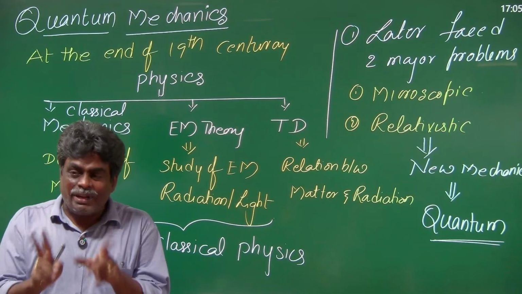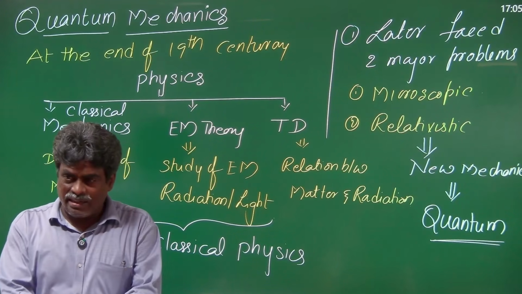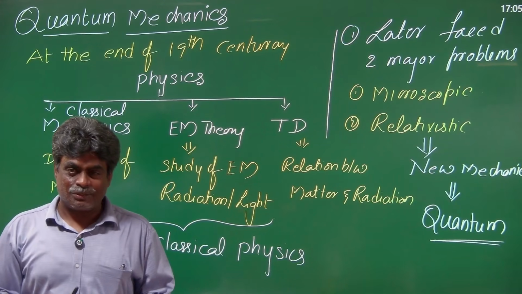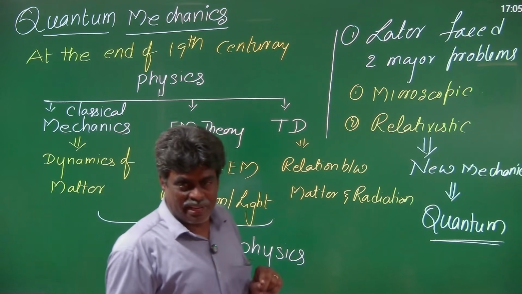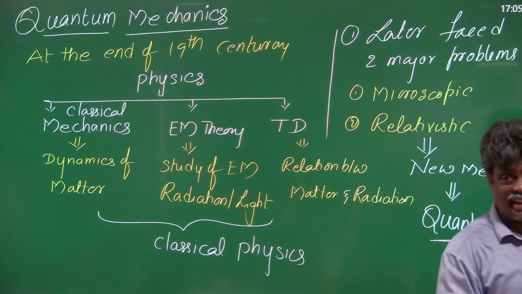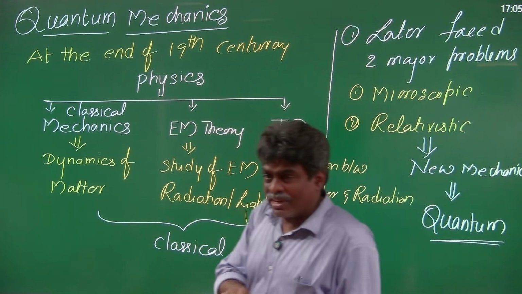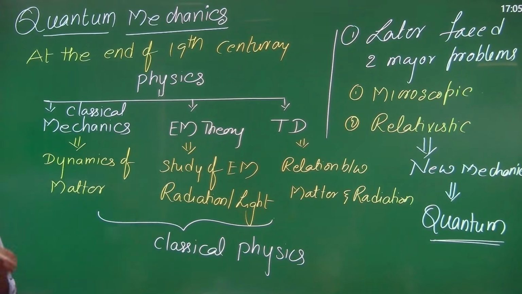So you have only two things in this nature: one is matter, another is radiation. This whole nature contains only two things, matter and radiation. That's why matter is always converted to radiation and radiation converted to matter.